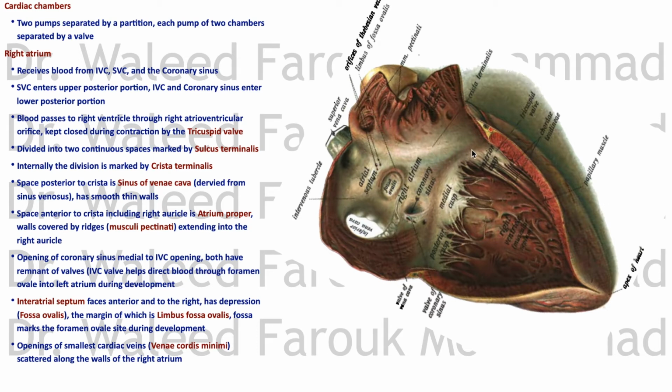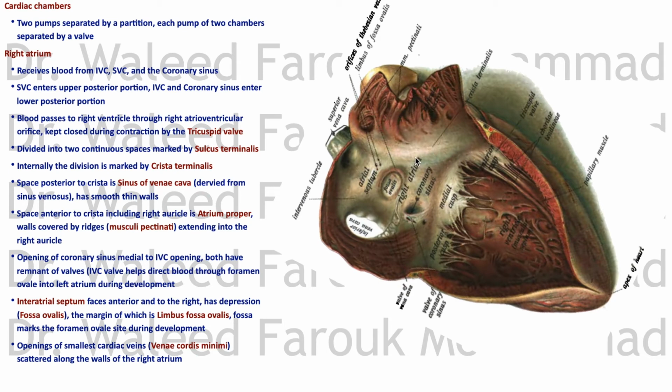You'll notice a crest here called the crista terminalis. This marks the difference between the proper atrium in front and what you can call the false atrium, the part of the atrium that belonged to the vessels before and got incorporated into the atrium.